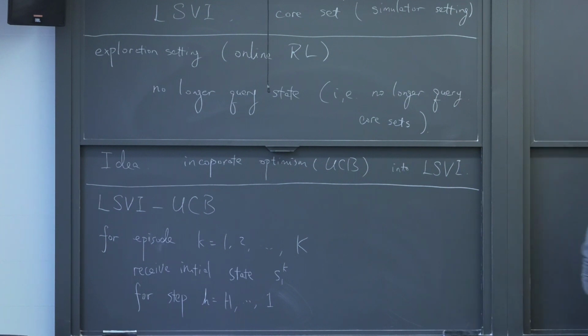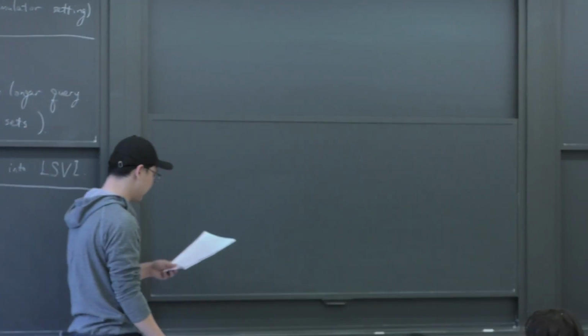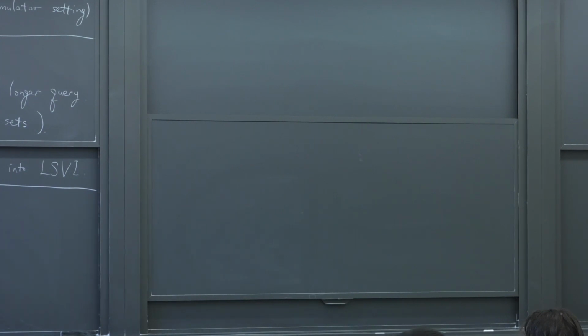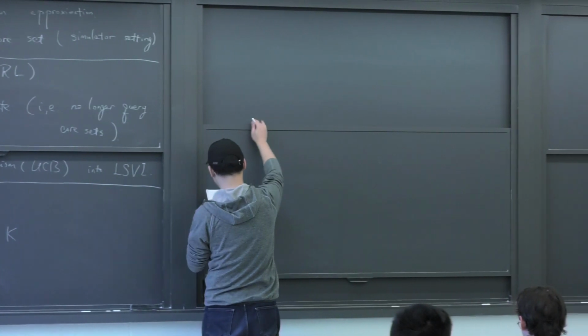If you still remember, when doing value iteration with UCB, we first do value iteration per episode, and then we use the greedy policy to collect the data. So here we will also do a similar thing. We will first do value iteration, but the only difference is that now we do least square value iteration.